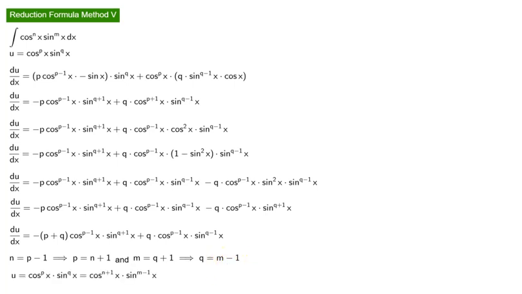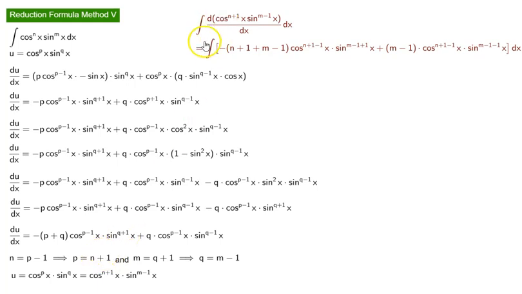So now what we have is u equal to cos to the power of p x times sin to the power of q x, which is equal to cos to the power of n plus 1 x times sin to the power of m minus 1 x.